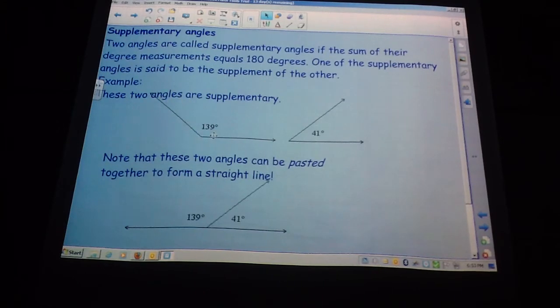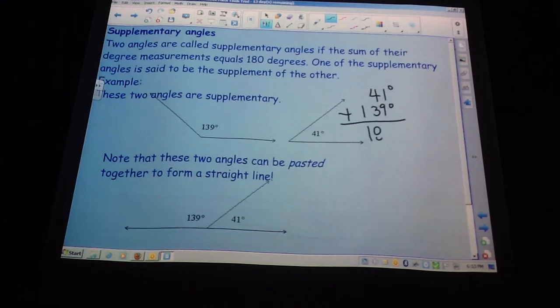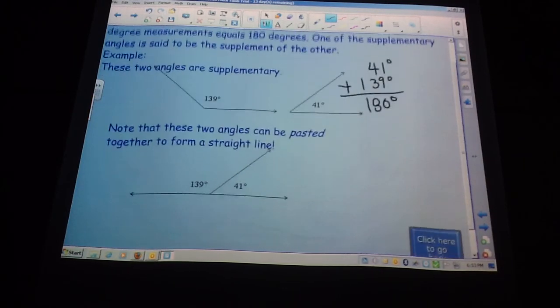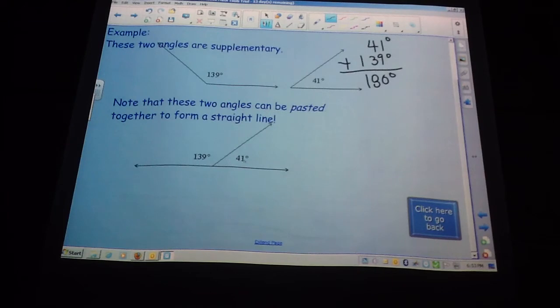Again, we have to have just two angles, and if their sum adds this time to 180 degrees, then they're supplementary. If we put them back to back, they would be a linear pair because they would form a straight line, and we'd know that their measure was 180 degrees.